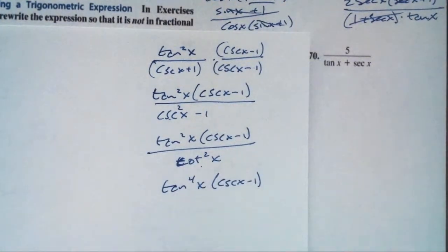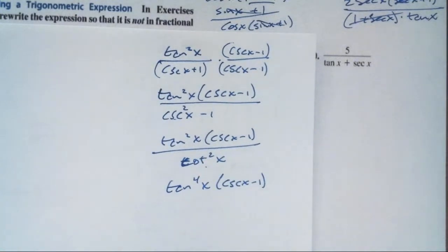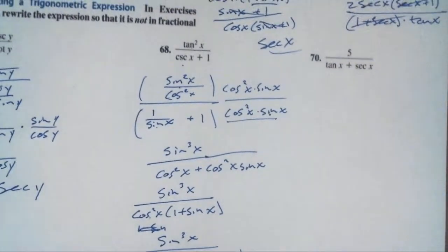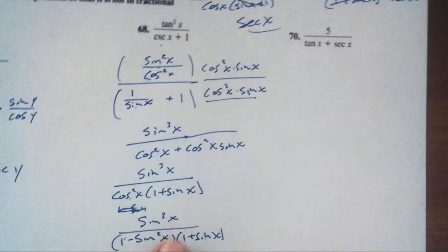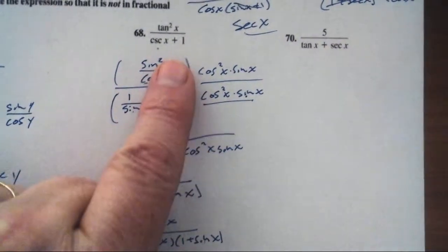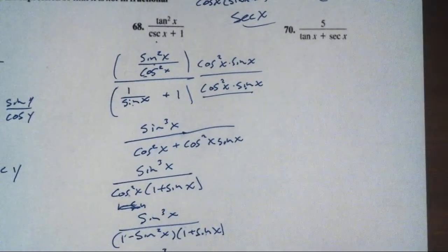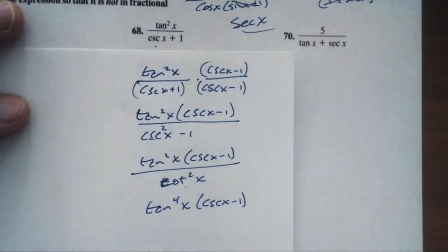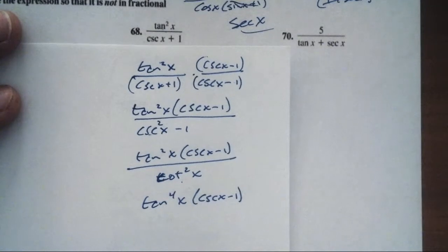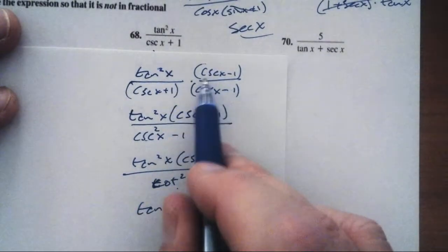Now, I would love to bluff you right here and say that I did this just to prove a point to you, but I did this because I thought it might be a viable avenue for us. That's the thing about trigonometry. A lot of times when we're simplifying or working on identities, you've got some choices.